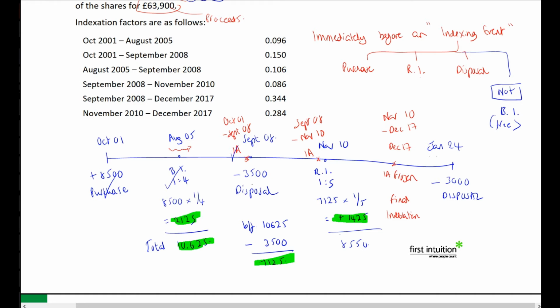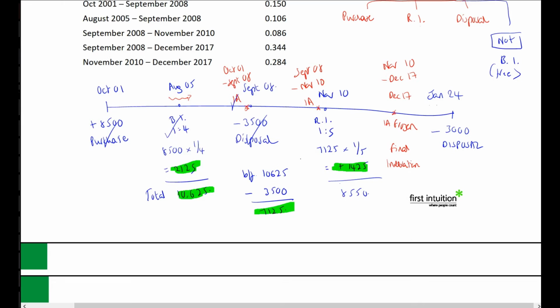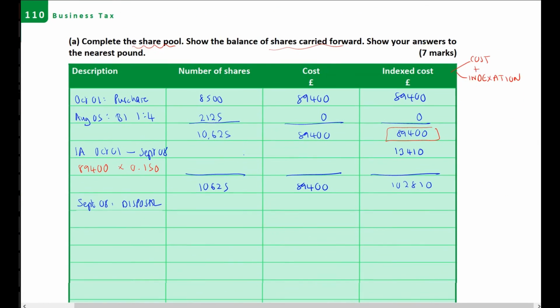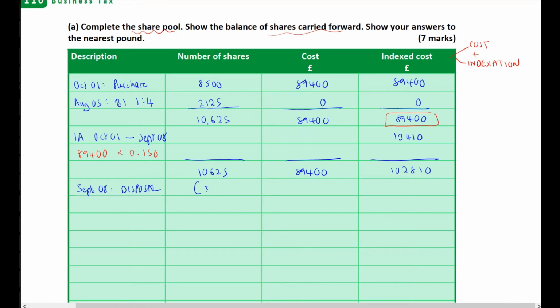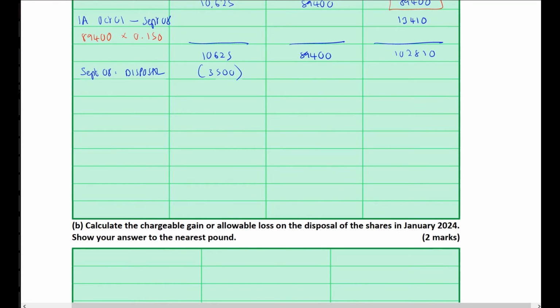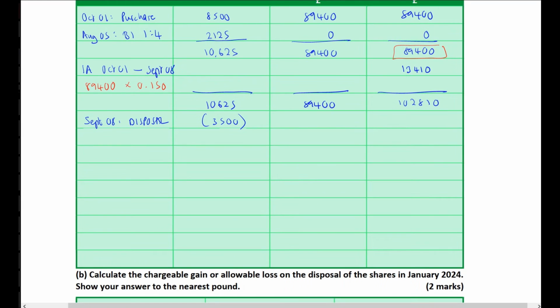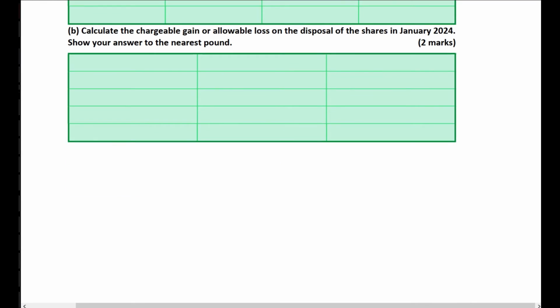You're in September 08. You dispose of 3,500 shares. We're not asked to find the gain for these. We've just got to get them out of our pool. Just going to put a little working underneath here, so otherwise it's going to run out of space in my actual table.